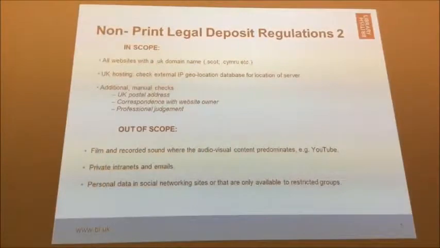In practice, the way that we implement this at scale is that we can automatically scope in websites that are on a UK top-level domain name. So this would be .uk, .scot, .cymru, or we can identify through a GeoIP lookup websites that are physically hosted on servers in the UK.